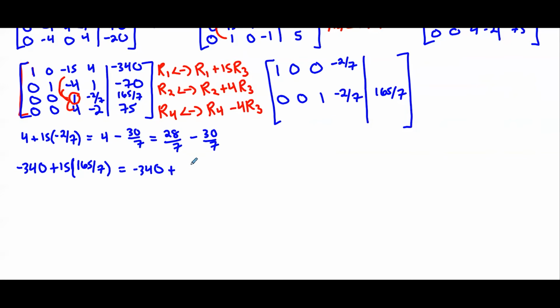Okay, so 165 times 15, 2475 over 7. This is negative 2380 over 7. So if I add those together, I get 95 over 7.